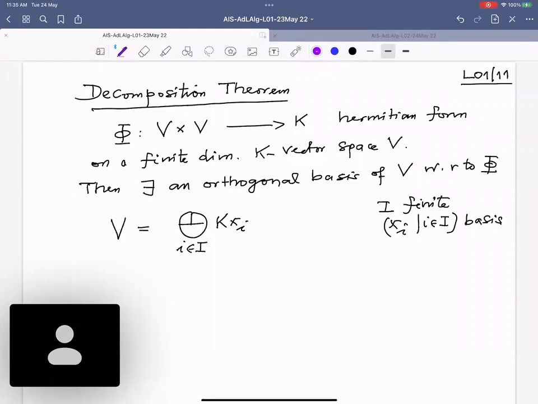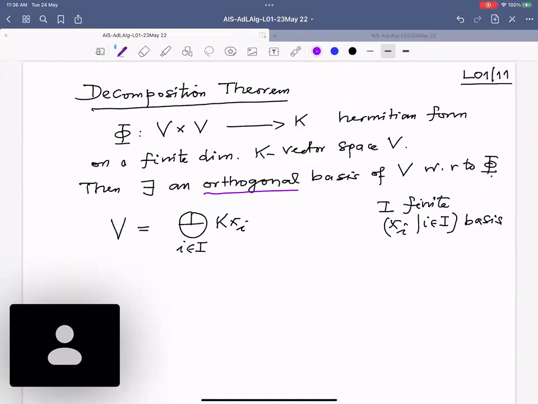Given a Hermitian form on a finite dimensional K vector space V, then there exists an orthogonal basis of V. And when you say orthogonal, that means it is with respect to the form phi. And this precisely means the vector space V we have decomposed into orthogonal sums of these one-dimensional subspaces.